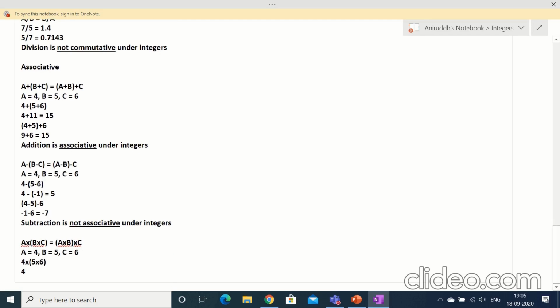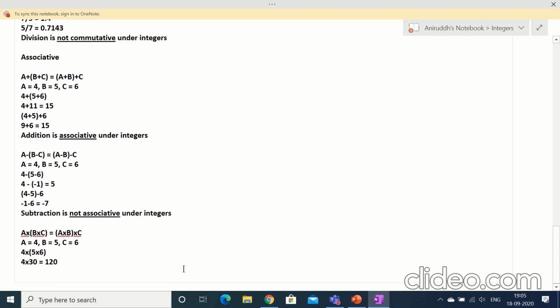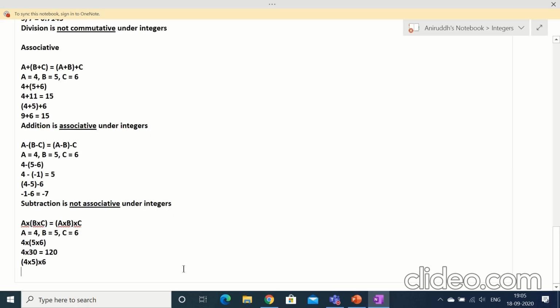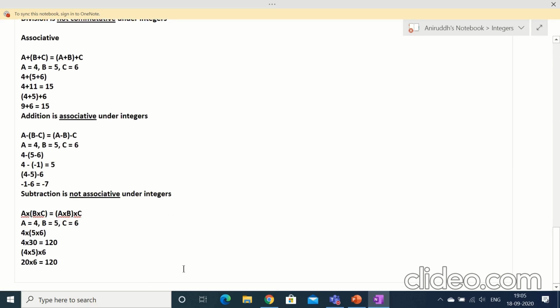So 4 into 30, which will give you the answer as 120. Now let us reverse it. That is (4 into 5) into 6, which means 20 into 6, that is 120. So we get the same product in both the cases. So we say that multiplication is associative under integers.